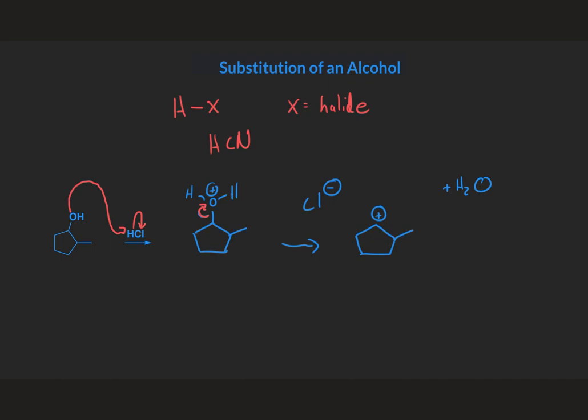Again, carbocations are prone to rearrangement. This carbocation had a hydrogen on a tertiary carbon right next to it. And so this can undergo a 1,2 hydride shift to get to a tertiary carbocation.